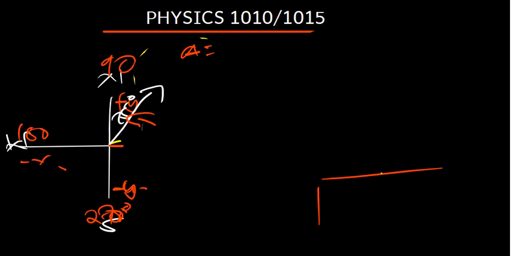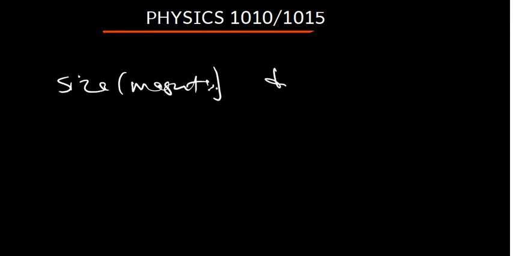Another issue is here. Whenever you are dealing with vectors, they are going to tell you to find the magnitude. But a vector can't stand alone without the direction, guys. A vector can't stand alone without direction. Please. So if you have been told to find the magnitude, or they just tell you to find vector A, or maybe find the resultant, they want you to find the size, which is the magnitude, and the direction.